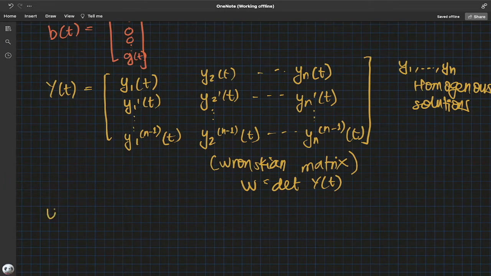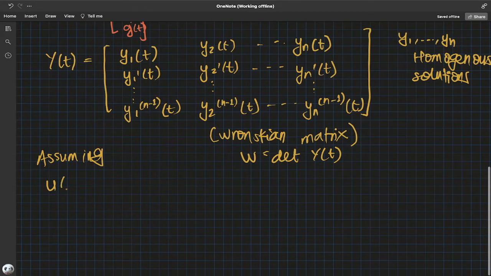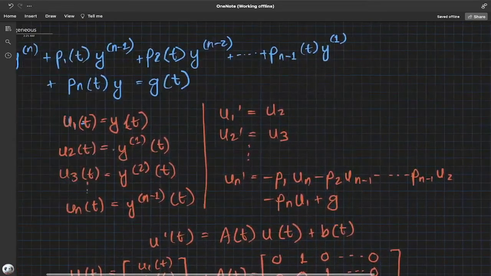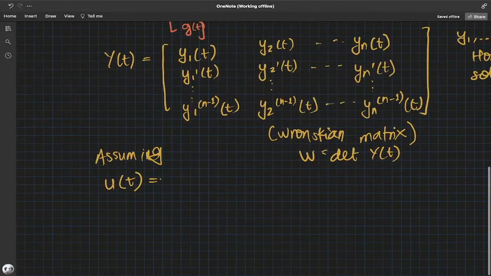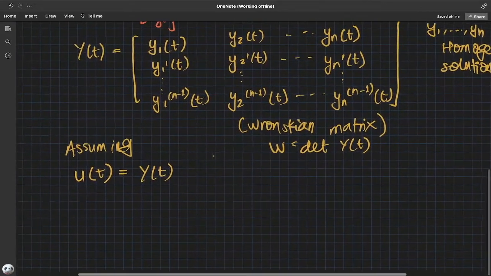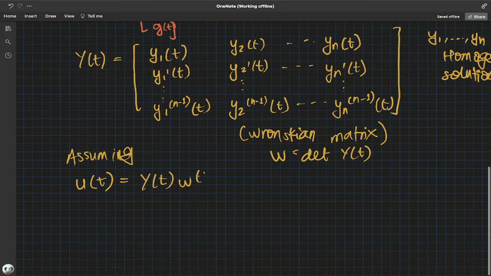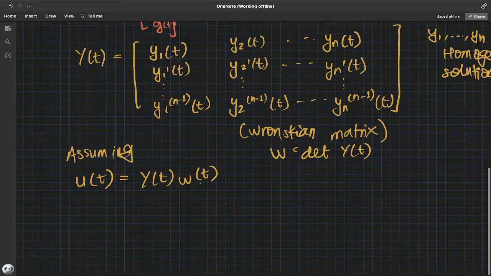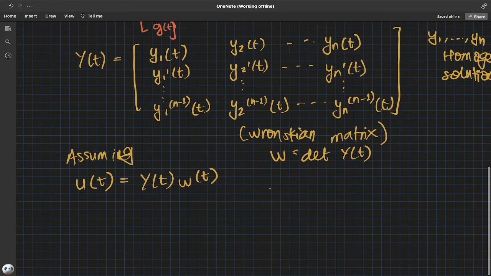How does this help? Because we are assuming that the solution that we look for, the U's which are the solution for the non-homogeneous system, are just these homogeneous solutions, but weighted by a factor. We call that W of t.